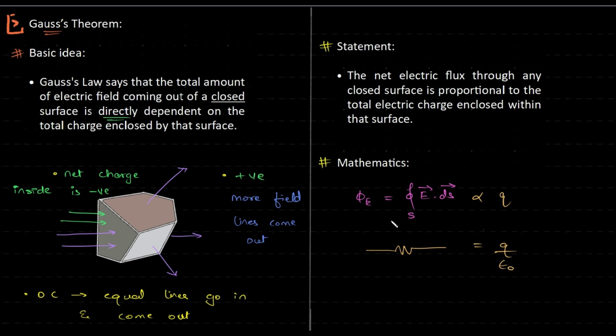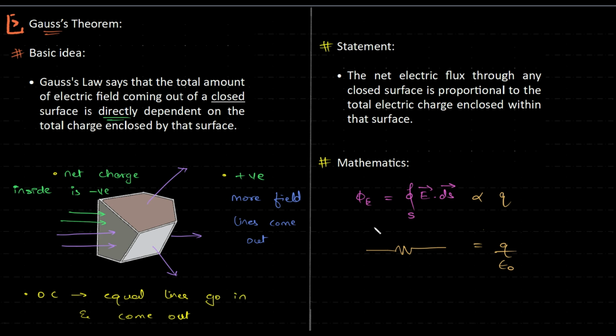He observed it, and now we have the theorem. If we see more field lines going in than coming out, it's negative charge inside that space. Positive charge if more field lines come out, and if the net charge is zero, there are equal numbers of lines going in and coming out.